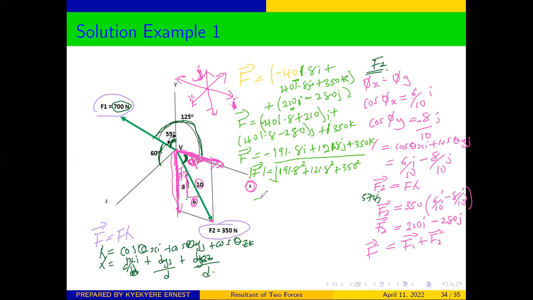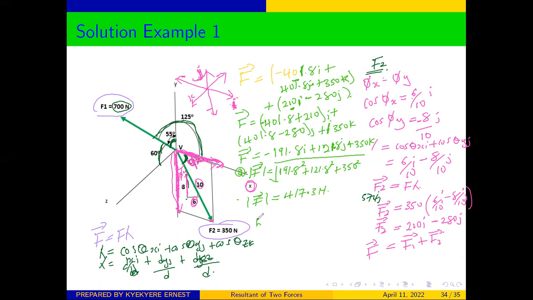And from here we can get our F magnitude to be equal to 417.3 Newton. So we are done with the A part of the question. This is the A part of the question, which is the magnitude of the resultant force.